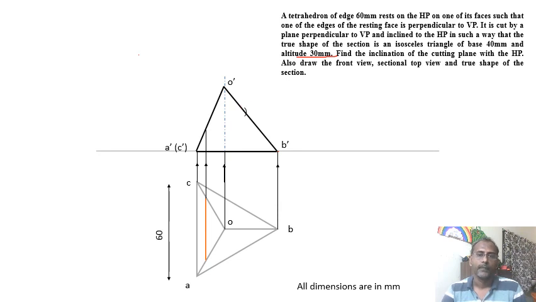This you should do. Once you do that, you can draw the cutting plane, because the cutting plane will be in line with the altitude, or in the cutting plane only you will be having the true shape. So naturally the altitude of the true shape you get will be in line with the cutting plane.